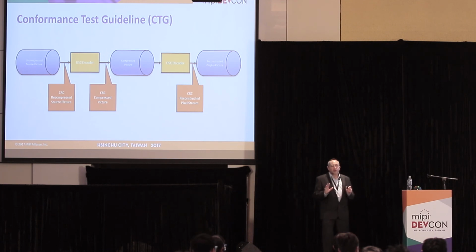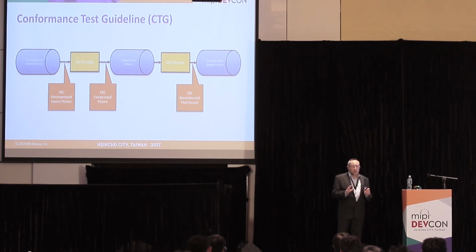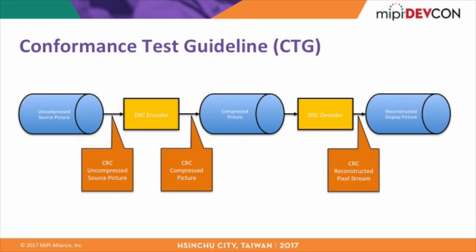So one important consideration for a DSC implementation is interoperability and compatibility, especially if you make a design that will interconnect your DSC technology with third party. For example, if you do a GPU card and it's going to connect to a third party brand of monitor, you need to make sure that there is compliance.